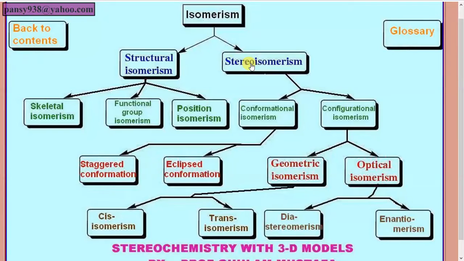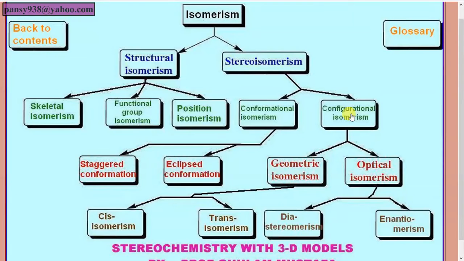It means that stereoisomerism is basically of two types: conformational isomerism and configurational isomerism. Conformational isomerism is due to the free rotation of a sigma bond, while in configurational isomerism there is no rotation between the sigma bonds, but they are the result of permanent structures.